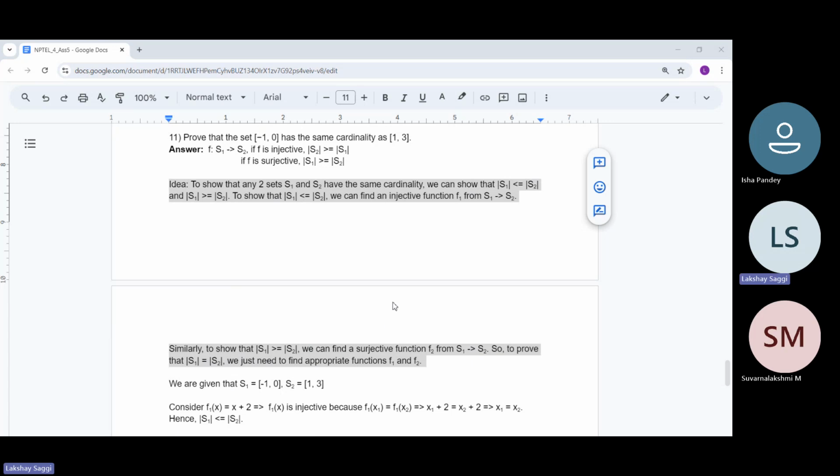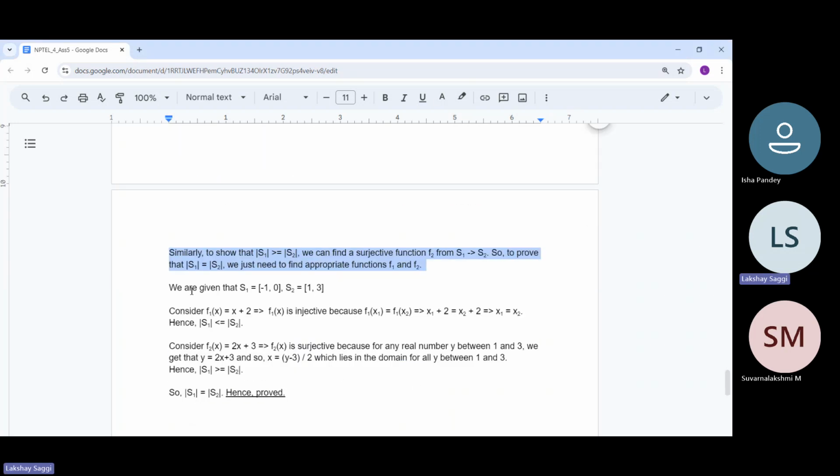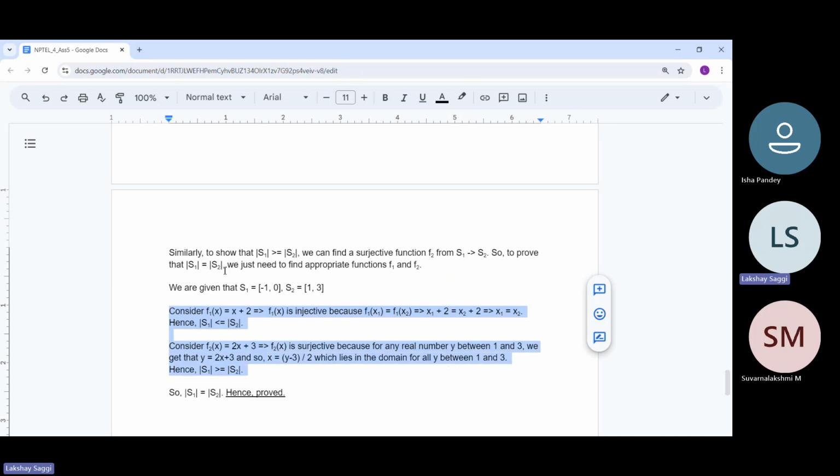Does this high level idea make sense? Suvarna Lakshmi? Okay, so this high level idea makes sense to you. Nice. So as long as this high level idea is clear, afterwards it's just maths, which applies these high level ideas to this specific question.